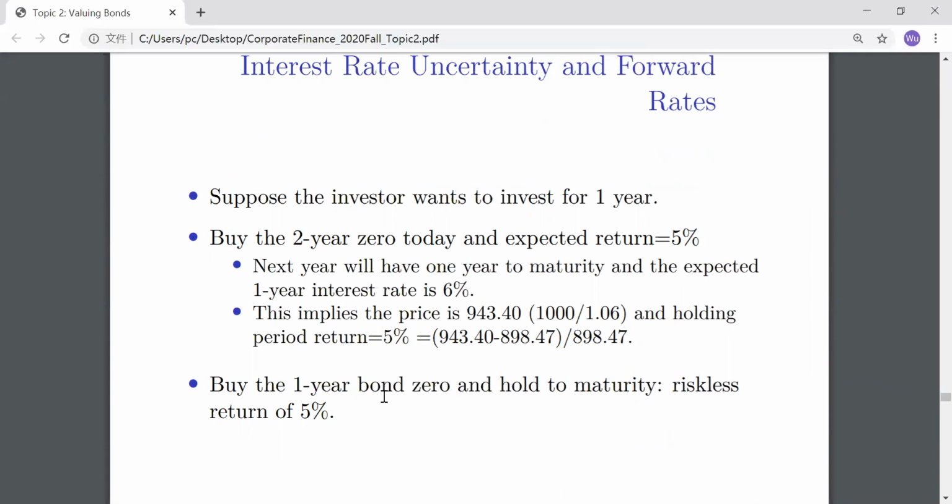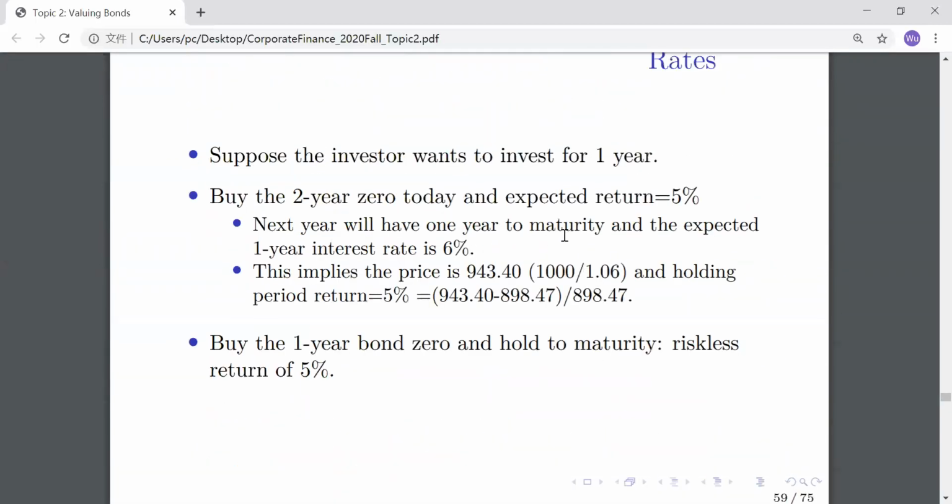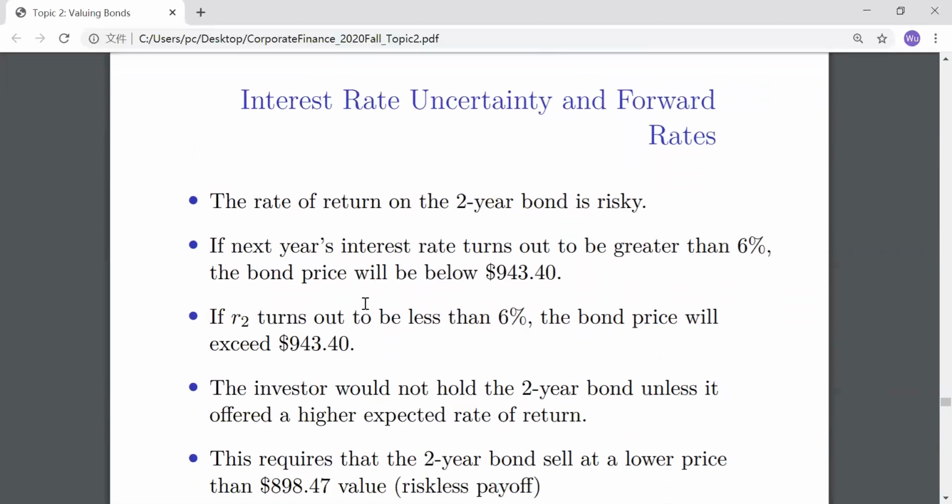The first year is certain. The rate of return on the second year bond is risky. If the next year interest rate turns out to be greater than 6%, the denominator is higher, so the bond price will be below this number. If R2 turns out to be less than 6%, the bond price will be higher.